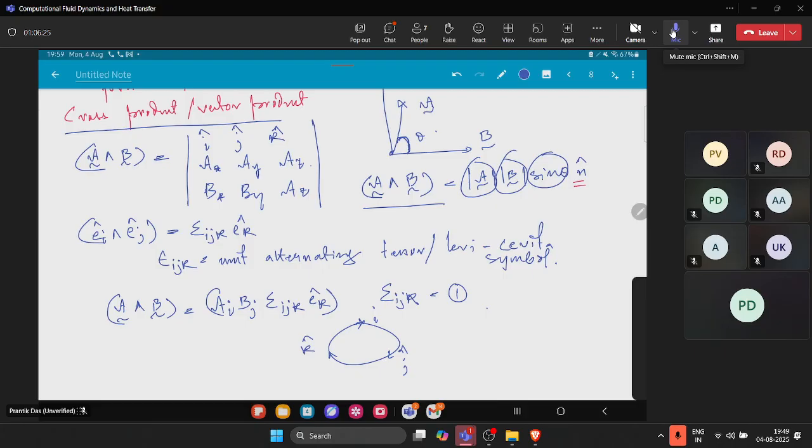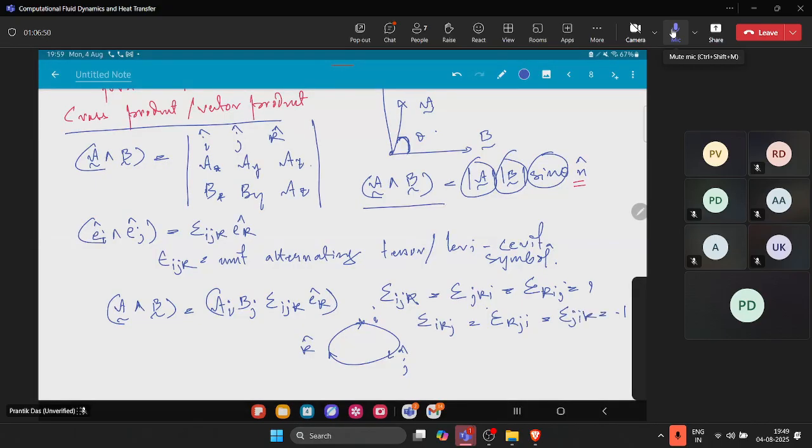So epsilon ijk is equal to epsilon jki equal to epsilon kij, and this is equal to 1. But if I change the direction of the rotation, so if I make it anti-clockwise, then ikj or kji or jik will be minus 1.